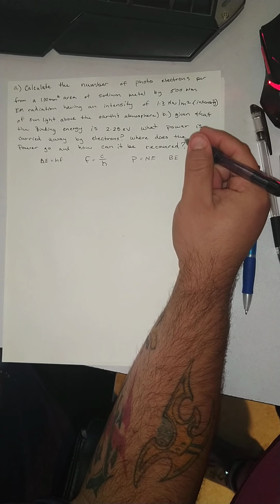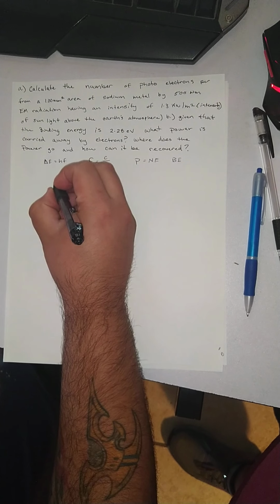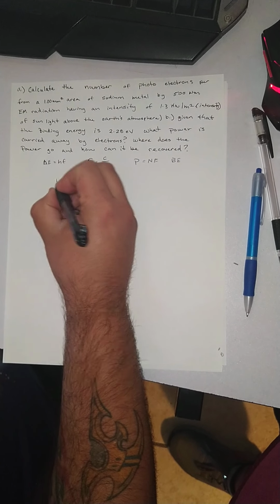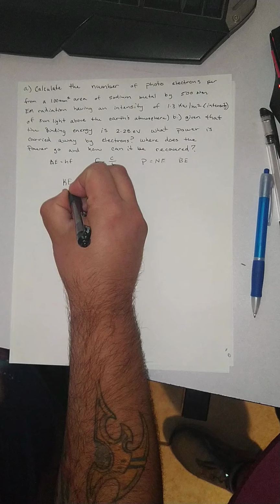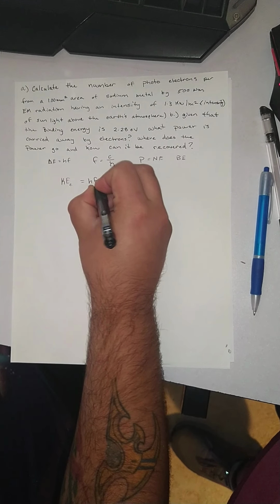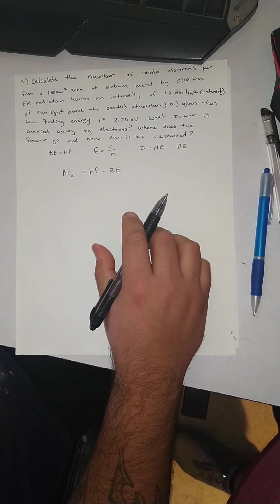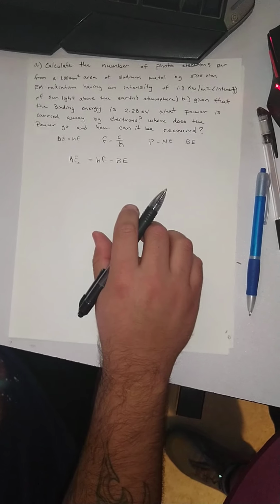If you remember too, we have this work equation where the kinetic energy of the electron is equal to hf minus the binding energy. Now we have all that information, we can start solving the problem.